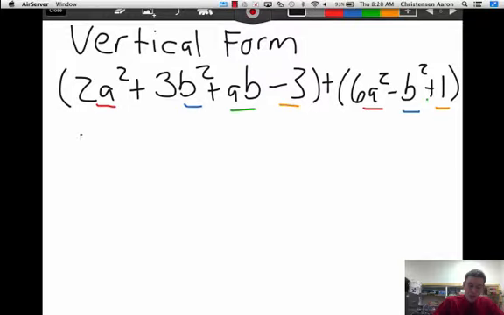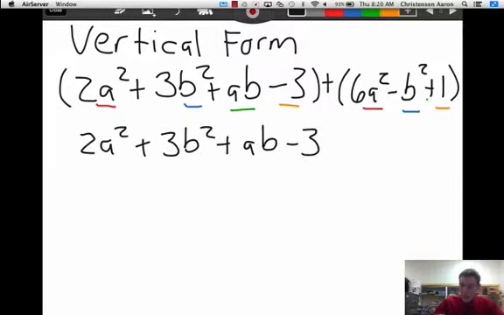So we'll take 2a squared plus 3b squared plus ab minus 3. And under those, we'll match up our 2a squared and our 6a squared. So we'll put 6a squared down here.